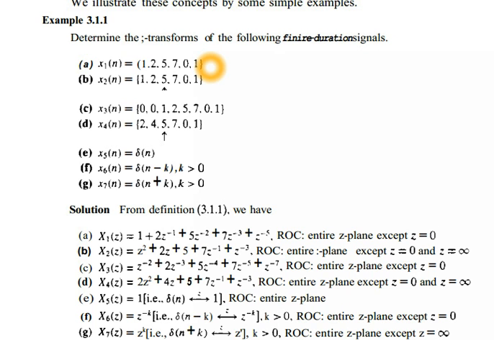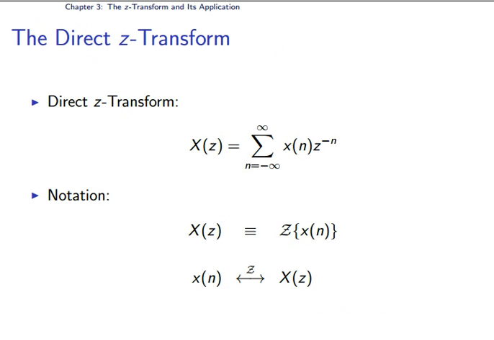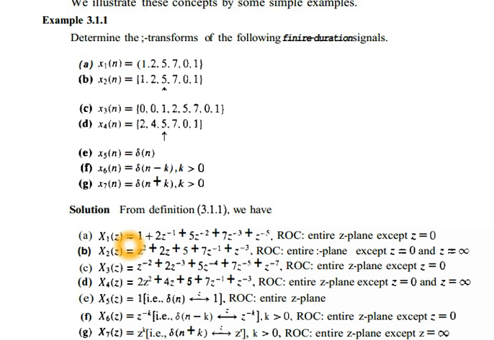If you apply these values of x1 of n into the above formula, then you will get x1 of z. This is a finite duration sequence, starting from 0, 1, 2, 3, 4, 5. It contains 6 elements.